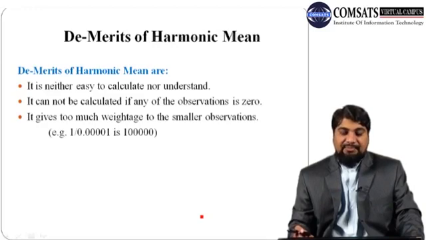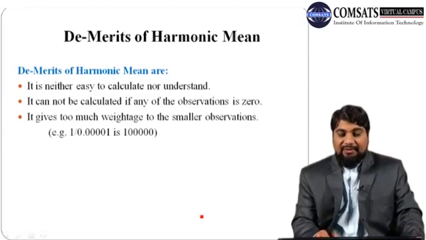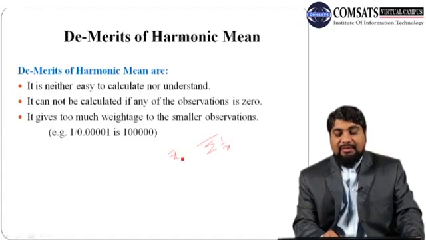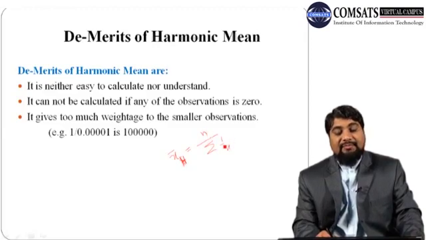But overall, if we go into the details and look at everything carefully, we can get a clear idea. The next demerit is that it cannot be calculated if any of the observations is 0. Note that the formula of harmonic mean involves the summation of 1 over xi. Actually x bar h is n over the summation of 1 over xi.